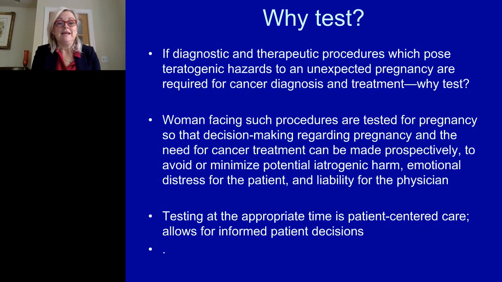So why do we test? Well, if we know that diagnostic and therapeutic procedures pose hazard to an unexpected pregnancy, and yet they're required for cancer diagnosis and treatment, why do we test?